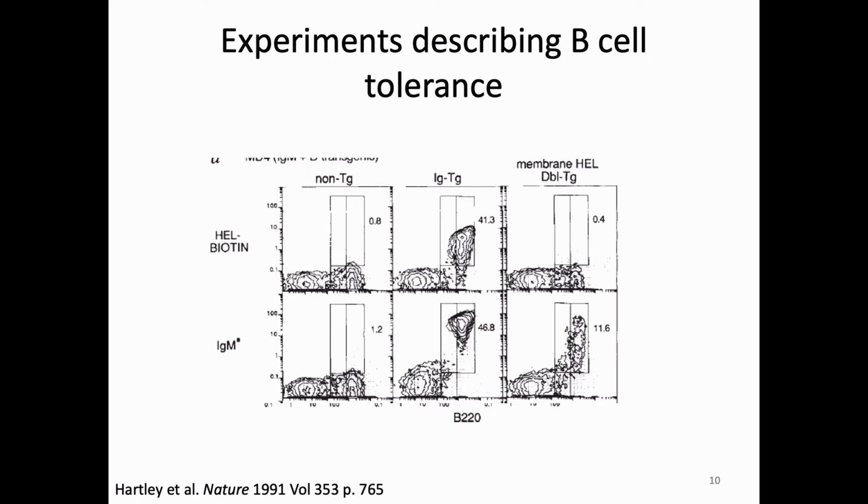So it's as if the B cells started to develop and they're like, you know what? I think I see self-antigen. I think I want to see a different antigen. Okay, thanks. These B cells have switched what they are responding to, so they can avoid responding to self-antigen. And this experiment was the first time that we had a suggestion that that could happen.